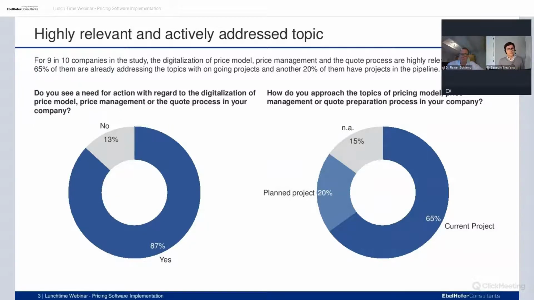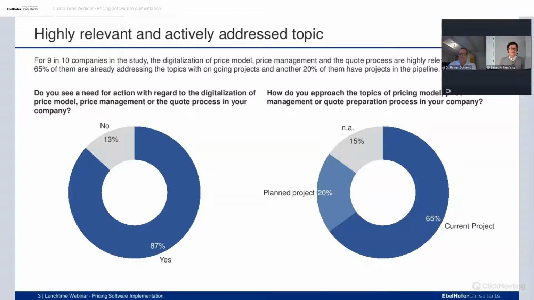And of those 9 in 10 companies, most of them are currently running a project on this topic or have a project in the pipeline, and only a few of them, these 15%, are currently not actively tackling this. And I think this is a nice confirmation that this is actually a hot topic, and many firms are getting their heads around what to make of this topic of digitization in the pricing and sales area.